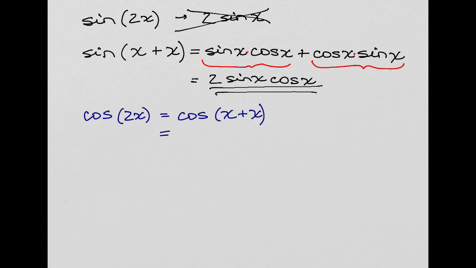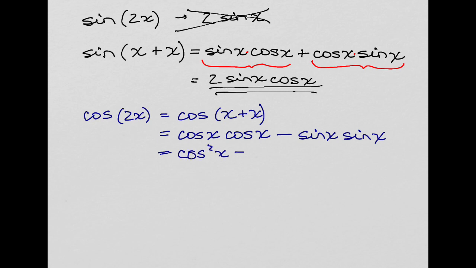This is cosine x, cosine x. I'm doing the cosine of a sum, so I'm going to put the opposite in between. Sine x, sine x. And I can rewrite that more efficiently as cosine squared x minus sine squared x.